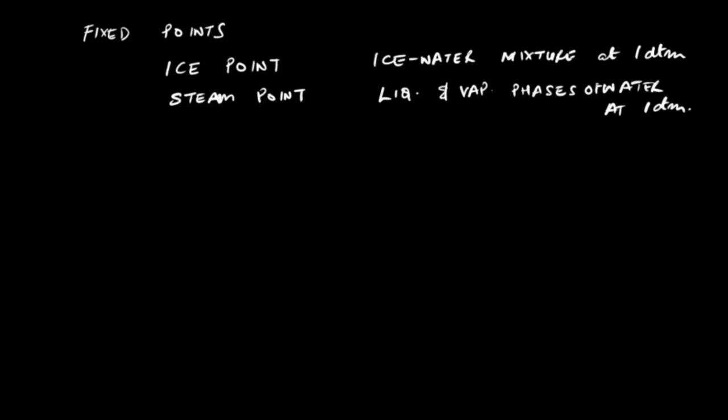That means the equilibrium between liquid and steam at 1 atmosphere. You can define any different scale, but for the Celsius scale, the ice point is assigned a value of 0. So we'll say that this is 0 degree Celsius and this is at 100 degree Celsius.